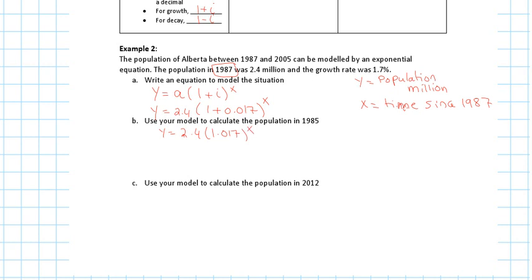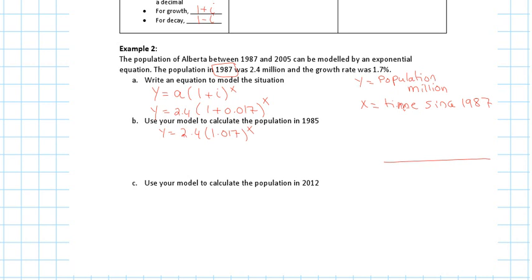Now, if you're trying to find your population in 1985, what would you do? X equals -2. And why is it -2? Because 2 years before. So remember that 1987 is your year zero.